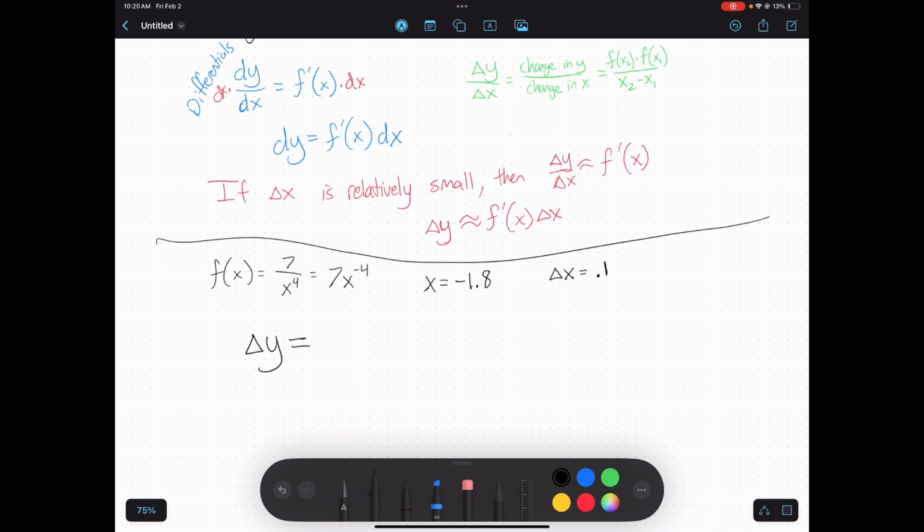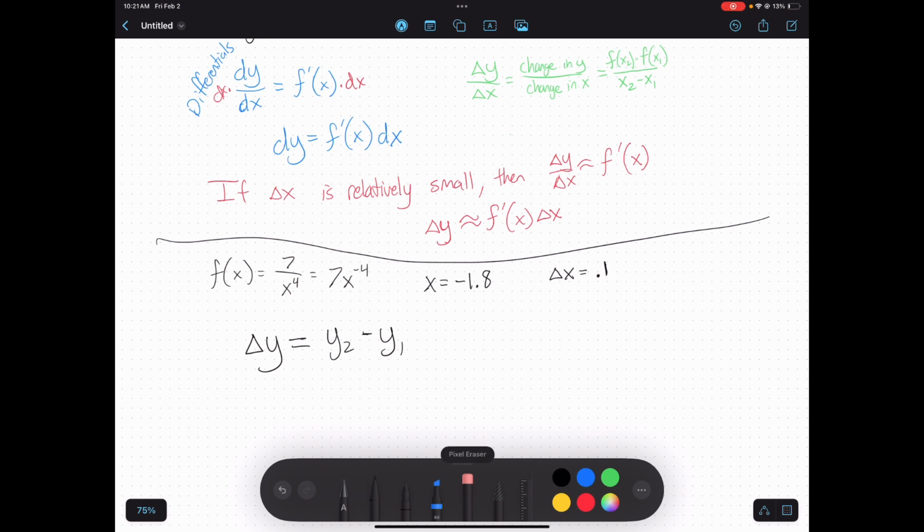I can calculate delta y without it being too difficult. How do I do that? Well, remember, delta y is just equal to my change in y values, y2 minus y1. But what's y2? What's y1?